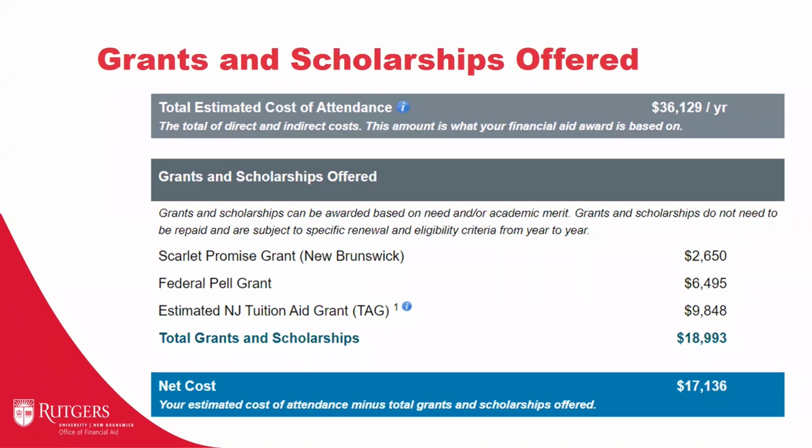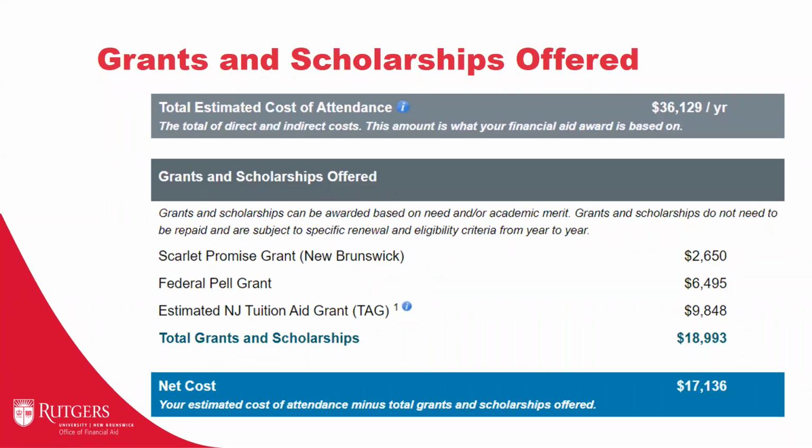However, the state of New Jersey has its own way of calculating a student's eligibility for the tuition aid grant. And so if the student was selected by the state of New Jersey and they make their final decision and finalize the TAG, if that final award amount is different from what we put on the award letter, then this amount may be reduced or it may increase.